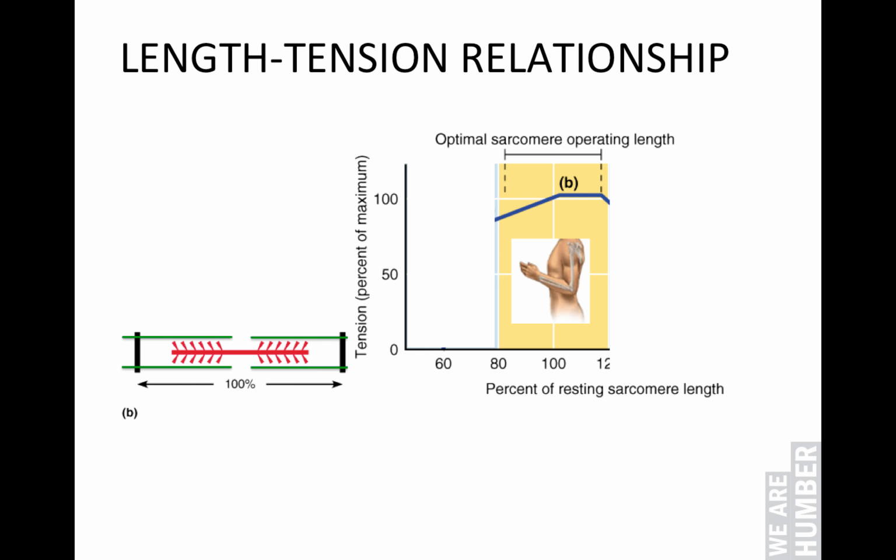The next important concept is the length-tension relationship. Here we have our diagram of the sarcomere again. When the myosin and actin are overlapped at the optimal operating length, we call that 100%. This occurs on the biceps, for example, when the elbow is just under 90 degrees.